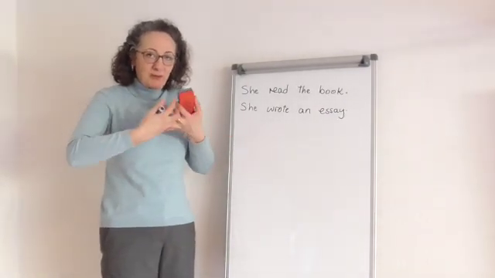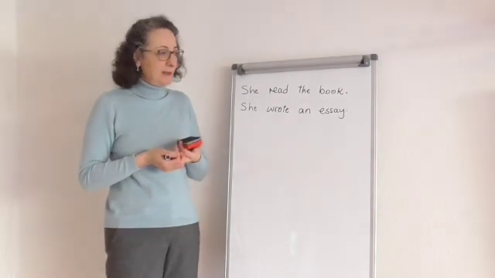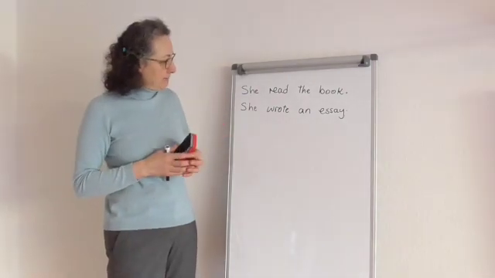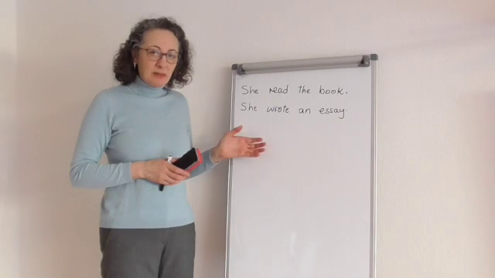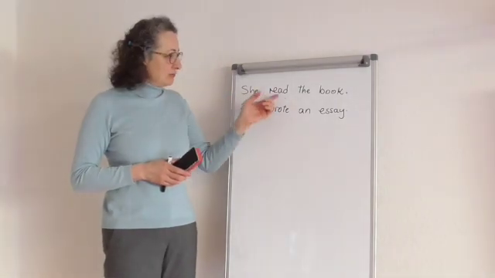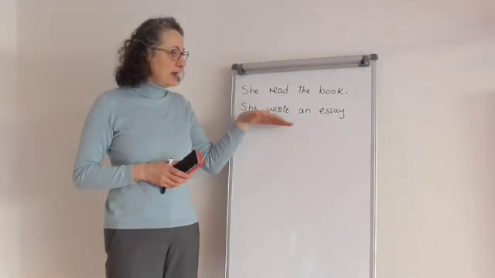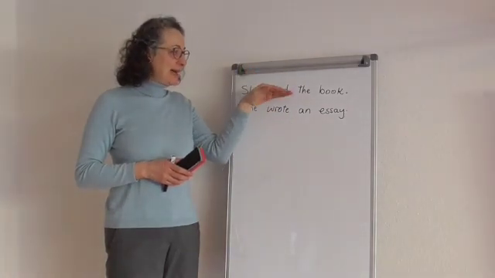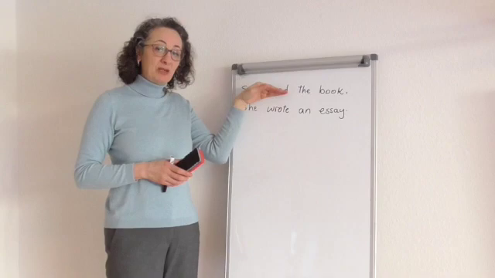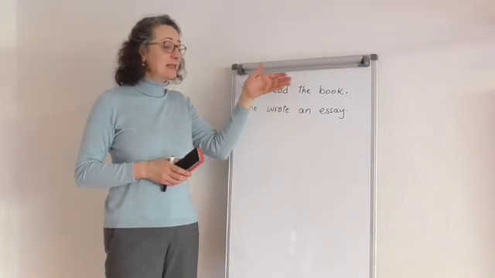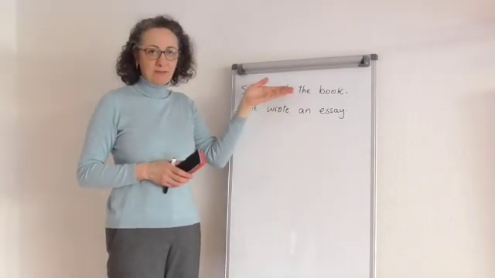We put the information, connect the information, right? In this case, what I am doing basically is, when I say she read the book and she wrote an essay, I am adding to the information. I give you an information, what she did, and then I add to this information.